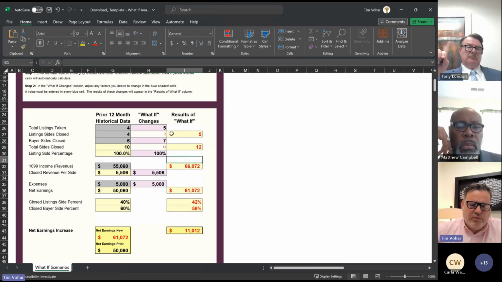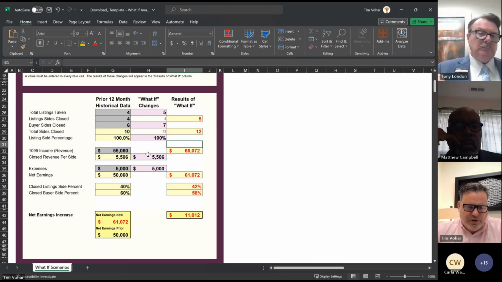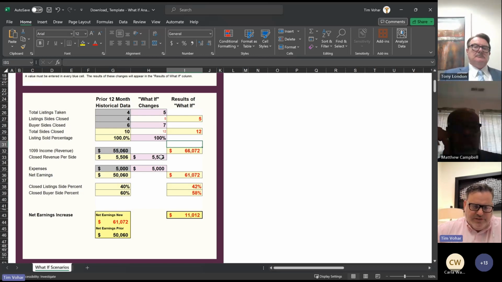And now the what ifs go from 4 to 5, 10 to 12, provided she does the same dollar per side. She could come in here and change it if she's going to increase her sales price. But let's just say it's the same exact dollar per side, 5506, with that $5,000.